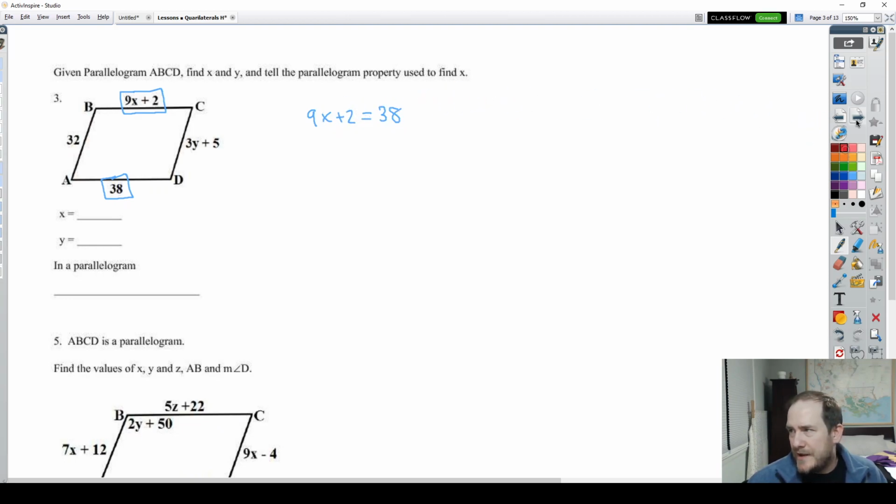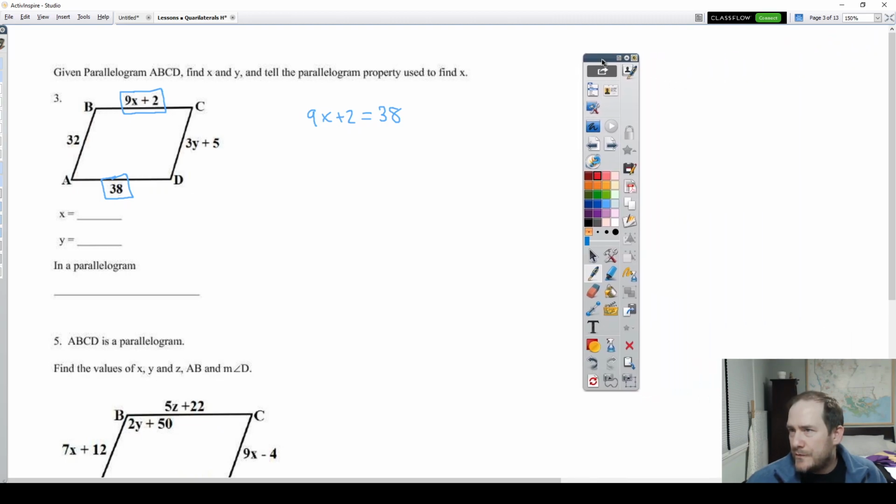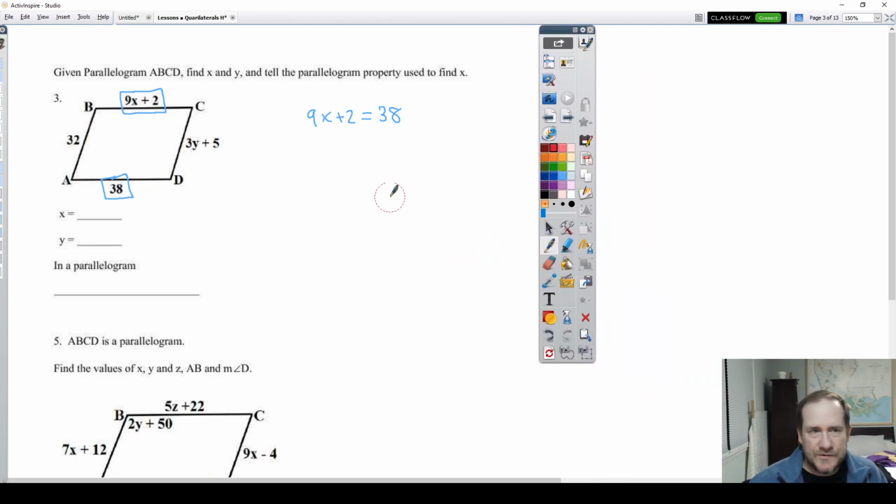Then we can just use algebra to solve. So we know the first step we should probably take is to subtract 2 from both sides, because that's going to cancel this 2, leave us with a 9x on the left, and on the right a 36. So you'll now divide by 9. That'll get these 9's to cancel, and you'll get an x that equals 4.